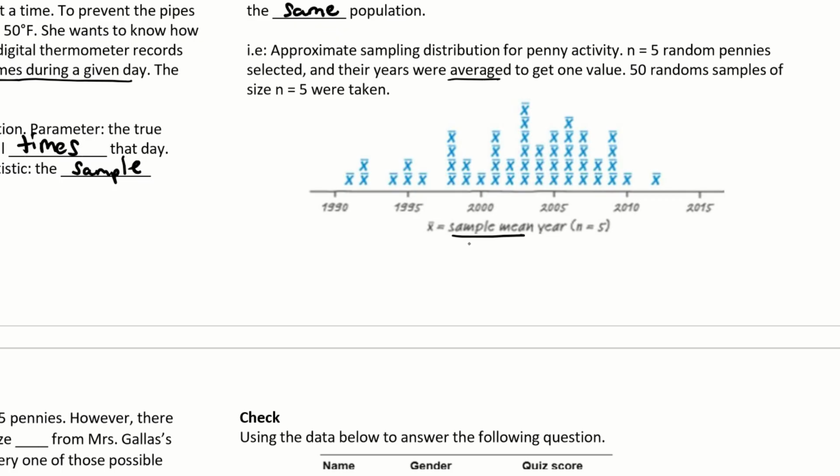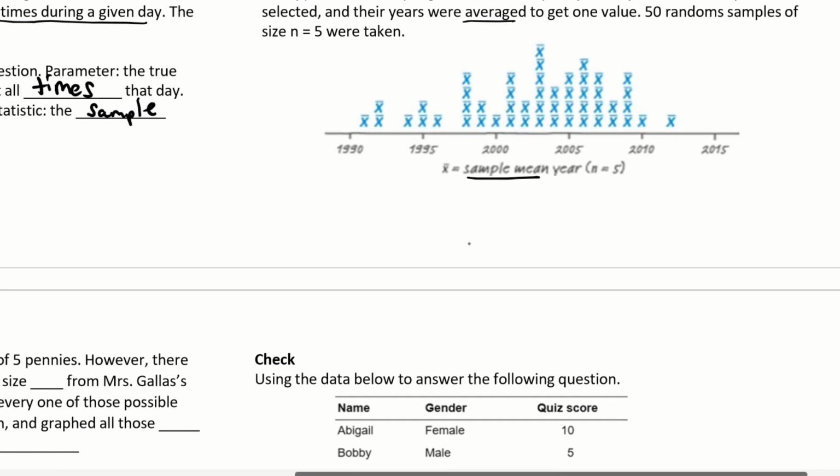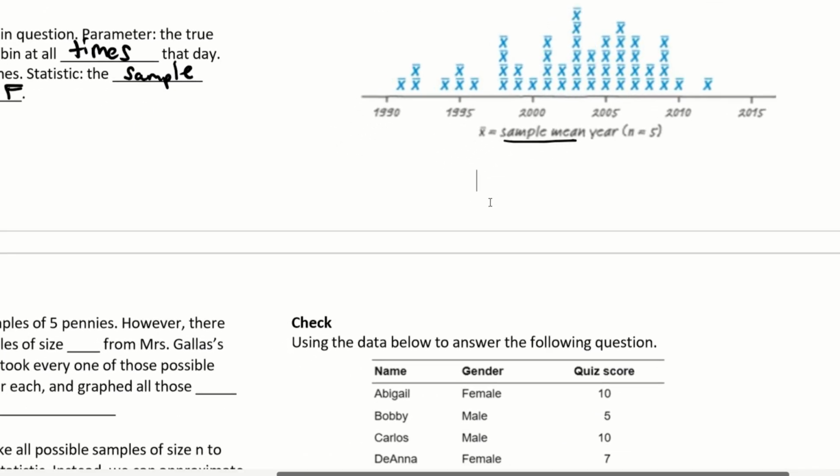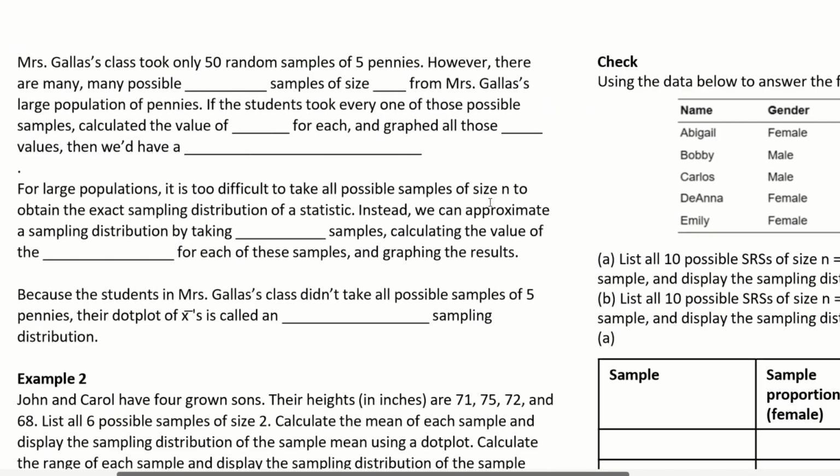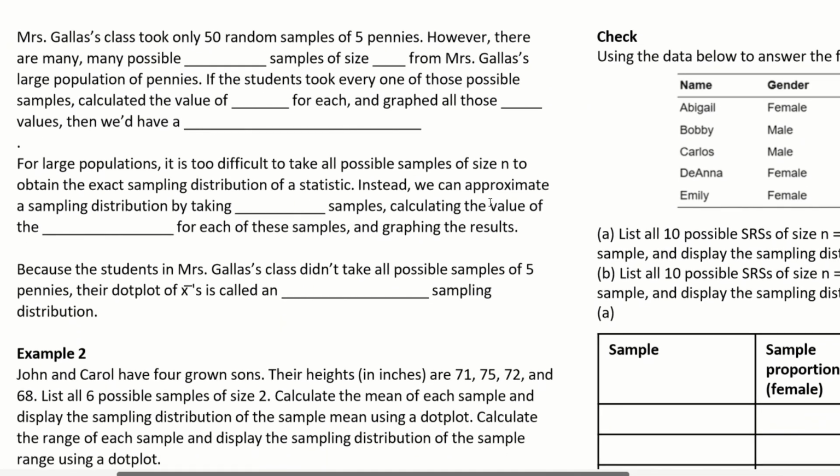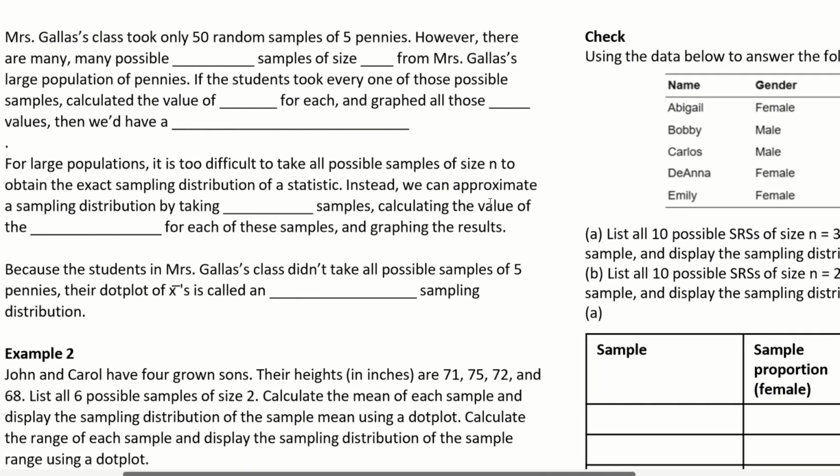Now this collection forms an approximate sampling distribution. The more we do this, the more it's going to represent the true sampling distribution, and we can see what the shape is and things like that, important information. We'll get to that in a second. Mrs. Gallus took only 50 random samples of 5 pennies.